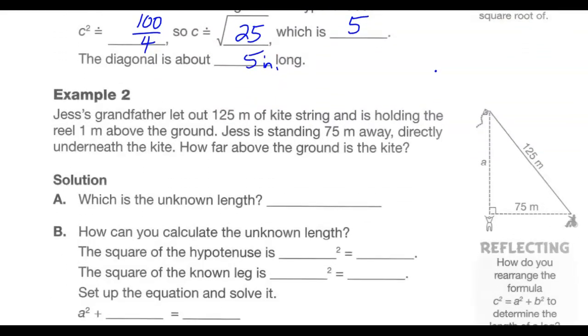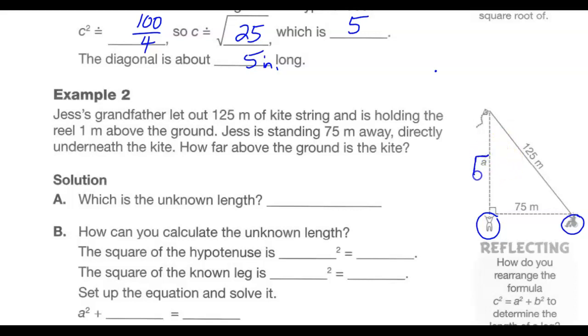Okay, and then the next one: Jess's grandfather let out 125 meters of kite string and is holding the reel 1 meter above the ground. Jess is standing 75 meters away, directly underneath the kite. So this is Jess here, there's Grandpa. How far above the ground is the kite?